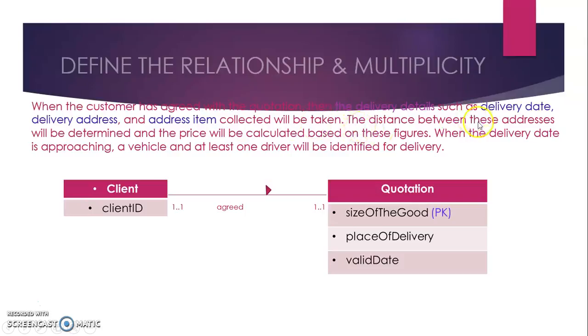The distance between these addresses will be determined, and the price will be calculated based on these figures. When the delivery date is approaching, a vehicle and at least one driver will be identified for the delivery. So this is the relationship between client and quotation.